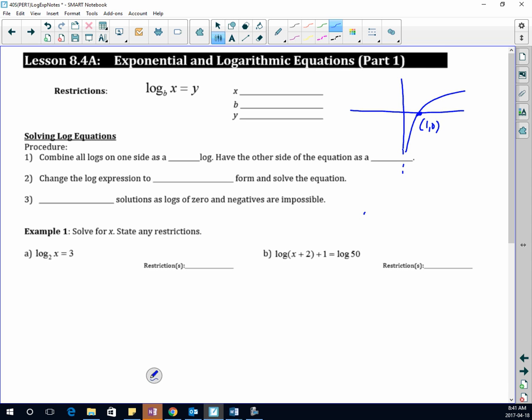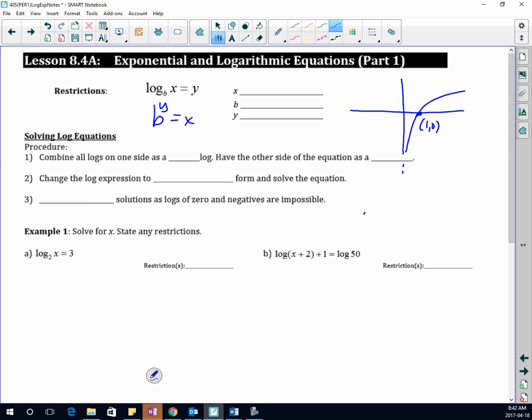b can't be 0. Can it be negative? What does b represent if I change this into exponential? b to the power y equals x. Look at this base here, you guys. Can we have 1 even?